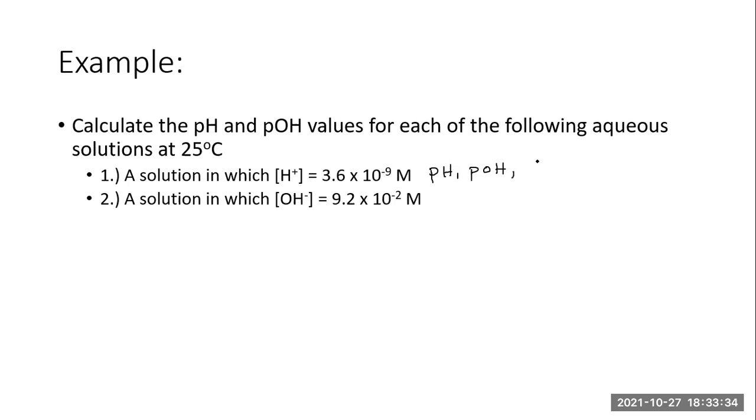Let's also calculate the OH minus concentration. And let's determine, is the first one acidic, basic, or neutral? And for the second one there, let's calculate the pH, the pOH, the H plus concentration, and is it acidic, basic, or neutral? That will give you a good practice with your calculator here.